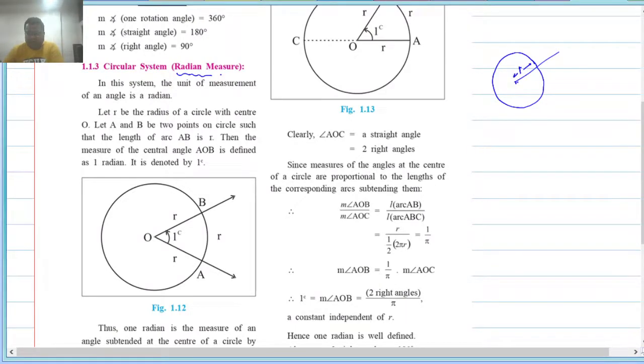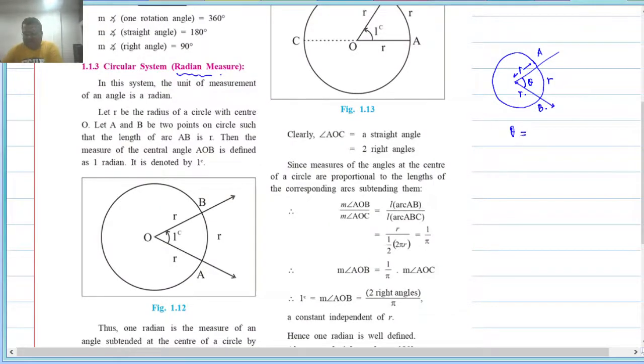And suppose that particular radius is rotated through some angle, say for example angle theta, to get an arc of length r. Then AB is the arc.